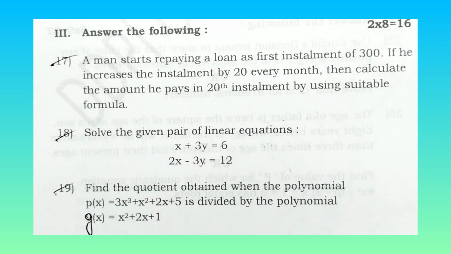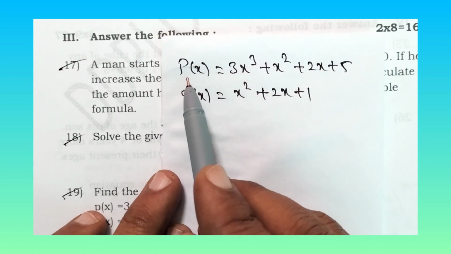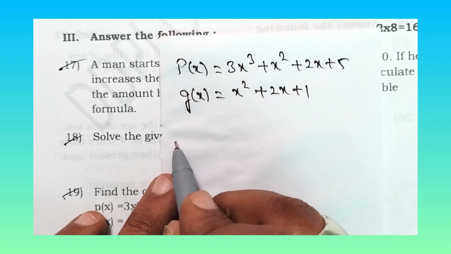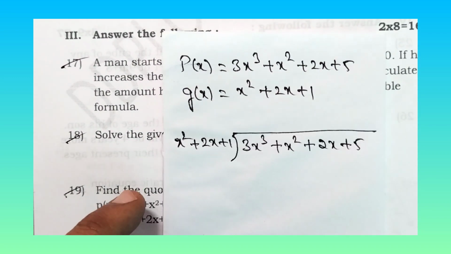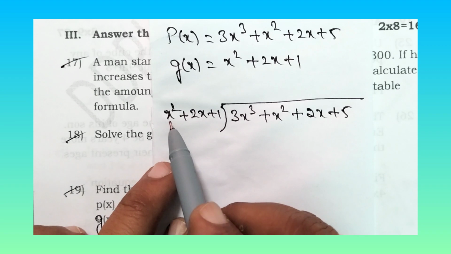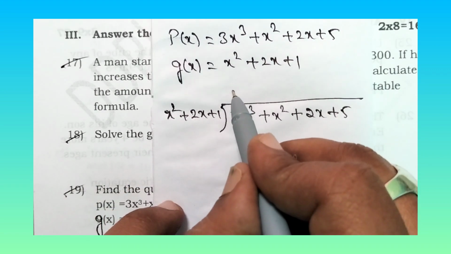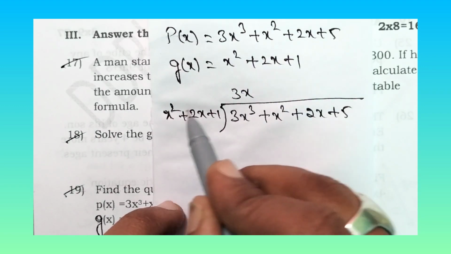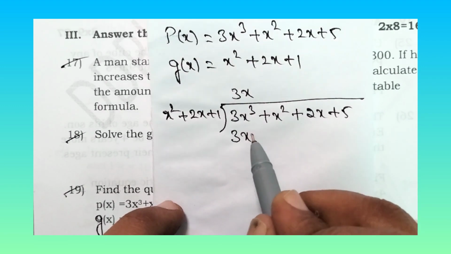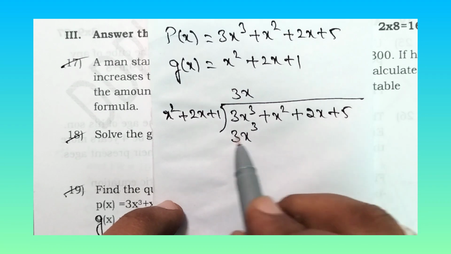Let us find out the quotient. Let us divide p of x by g of x. x square is there, but here 3x cube is there. So x square is multiplied by 3x. x square into 3x becomes 3x cube.